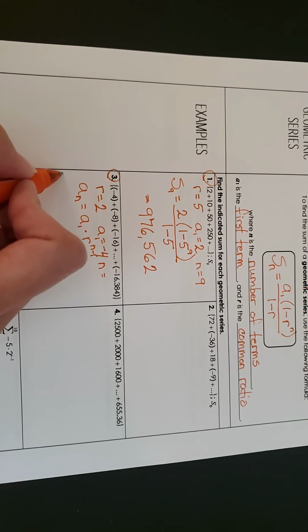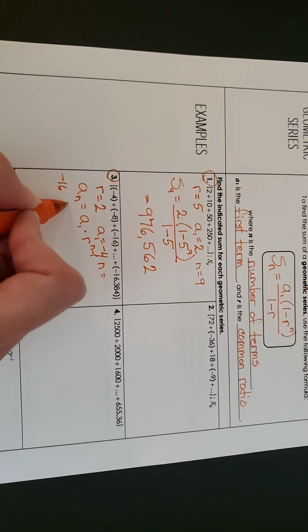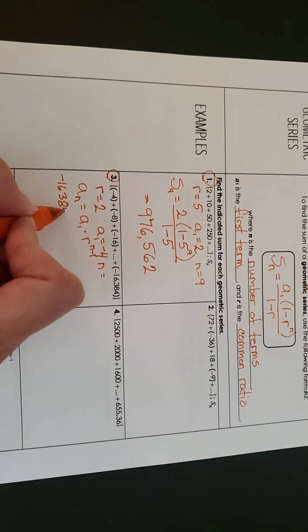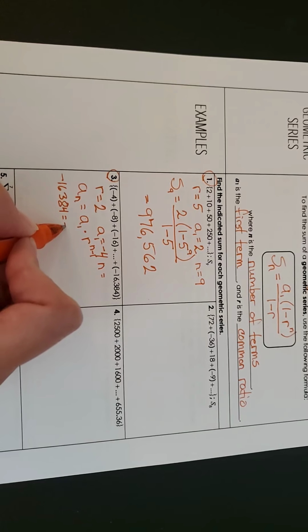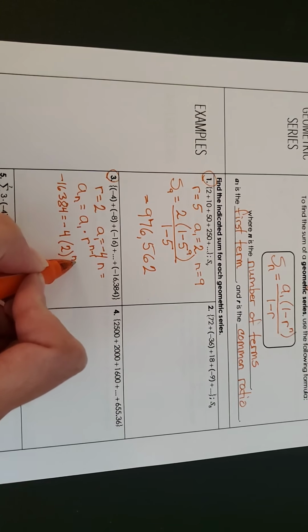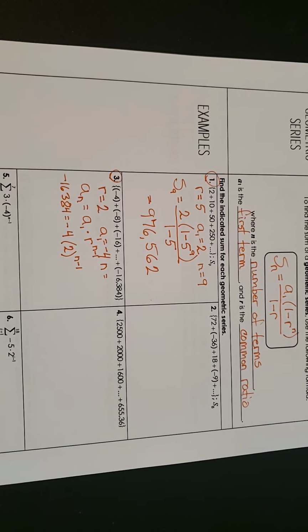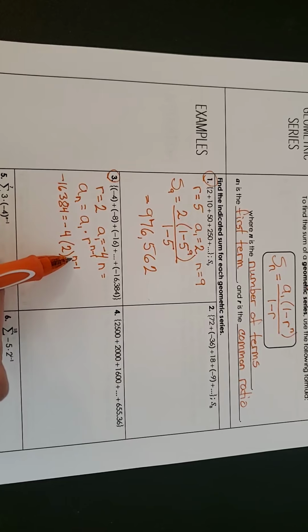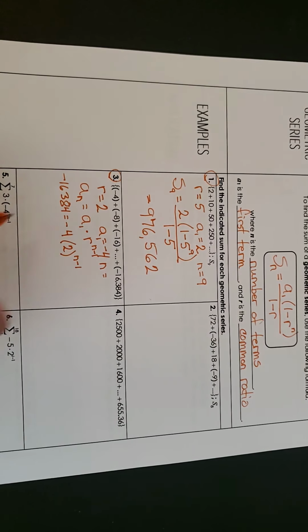So I know a sub n is -16,384. My first term is -4. The ratio is 2. And I'm going to raise that to the n-1. Now I'm just going to solve for n. Divide both sides by -4.